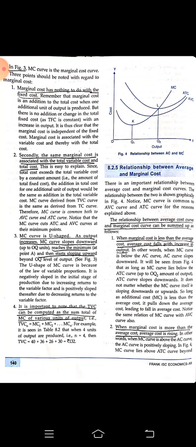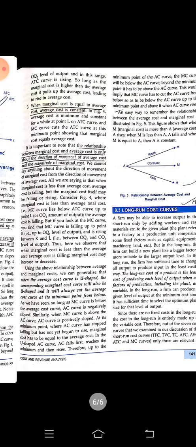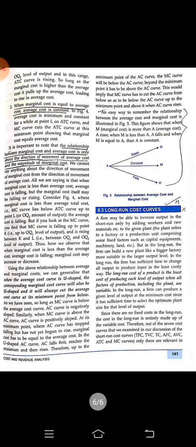When marginal cost is more than average cost, average cost is rising. When marginal cost is equal to average cost, average cost is constant. The relationship between marginal cost and average cost is only about the direction of movement of average cost and not the magnitude of the marginal cost. Hopefully you understood. Thank you.